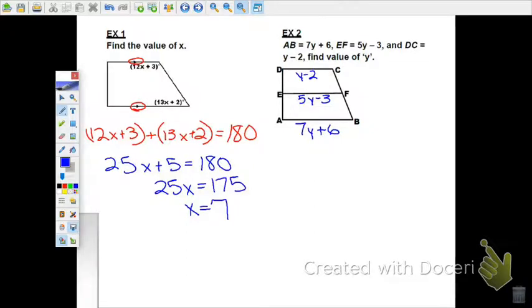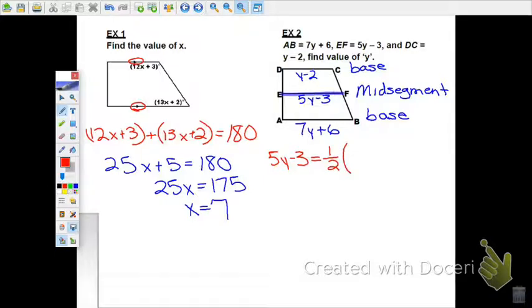This segment EF that's going through is what we call the mid-segment. The top and the bottom, the two sides, are the bases. So using that mid-segment formula that you have listed up in your properties, it says that the mid-segment, 5y minus 3, is equal to 1/2 times the sum of the bases.